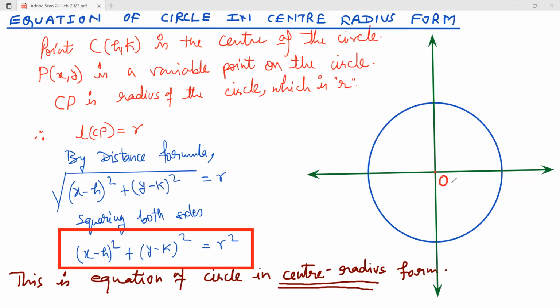What is the center? Origin, 0 comma 0. And the variable point is here, P(x, y).